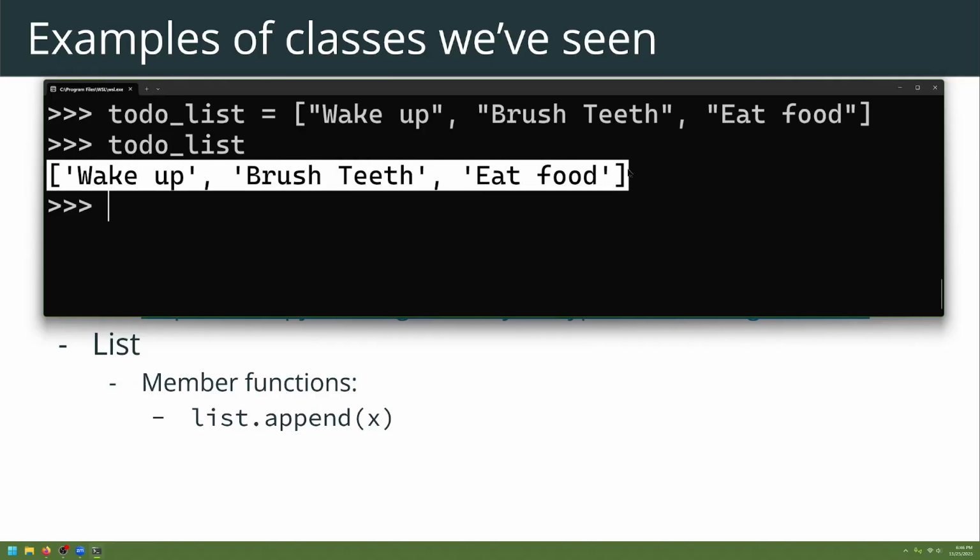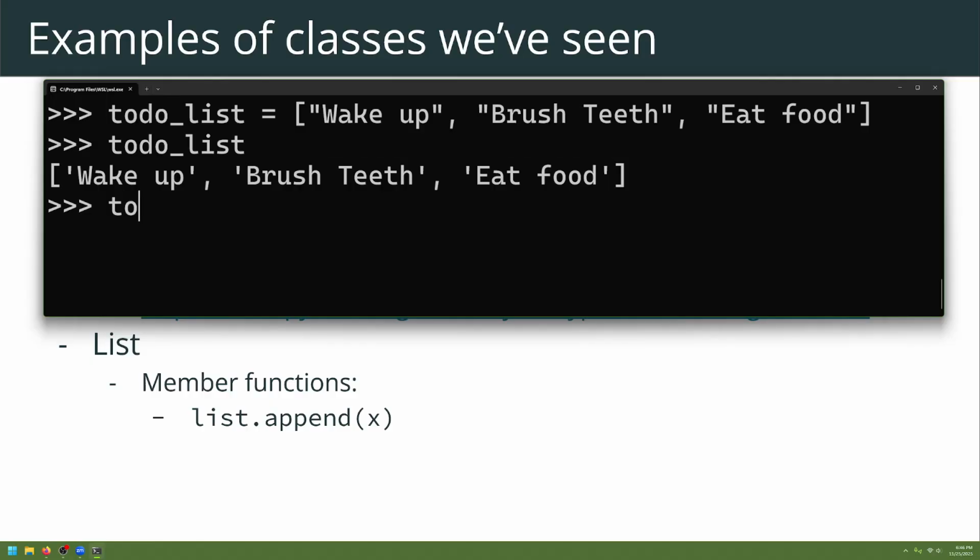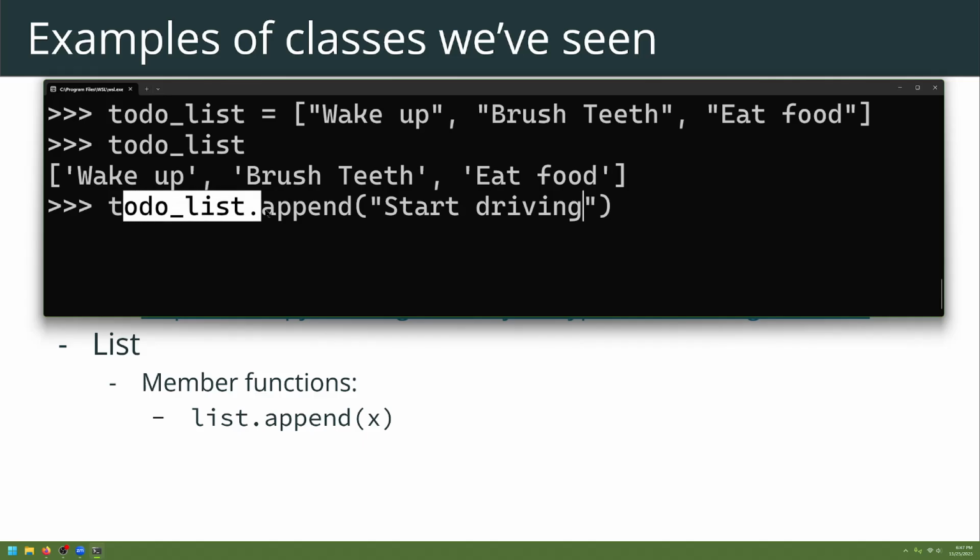We could do a bunch of functions. You've seen the append function before. Basically, with append, you give it an element. In this case, I'm just going to give it another string: start driving. So I'm calling a function that belongs to the list.